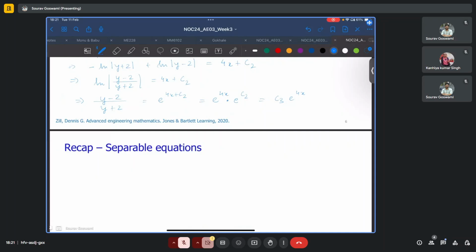So let us try adding 1 to both sides. 2/(y + 2) plus 1 equals C3 e^(4x) plus 1.